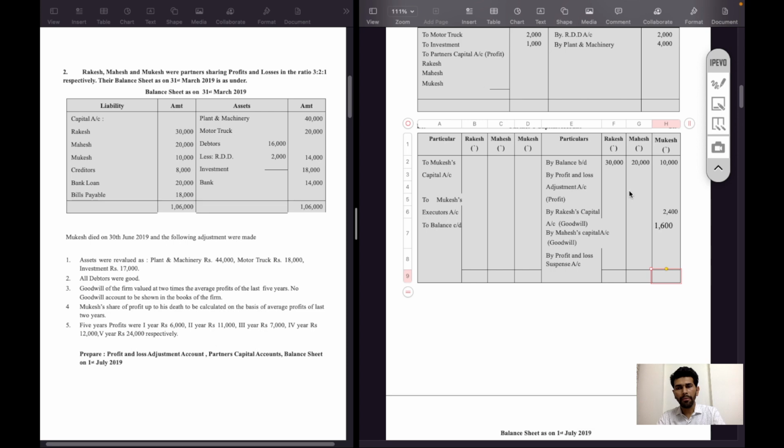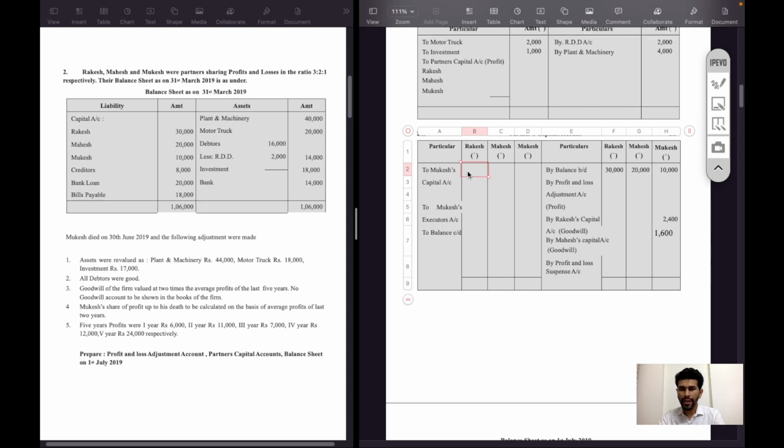And then at the time of return of it, it will be recorded on partners' capital account debit side to Mukesh capital account 2,400 in Rakesh column and 1,600 in Mahesh column. First, the goodwill of 4,000 rupees is raised and then it is distributed among continuing partners in gain ratio.